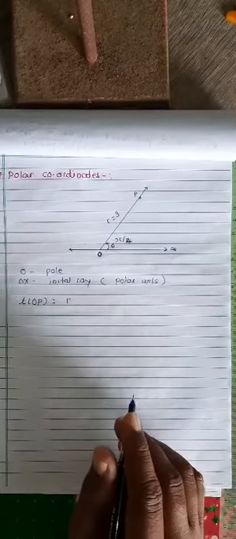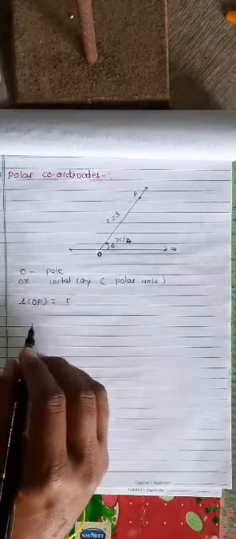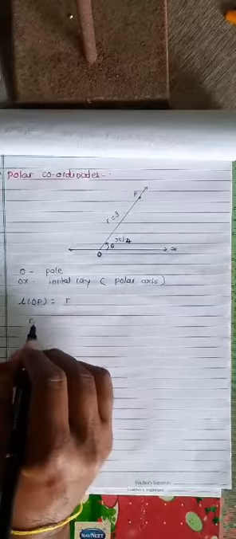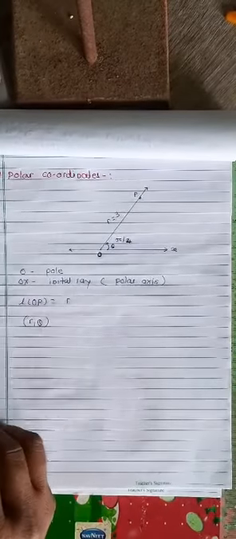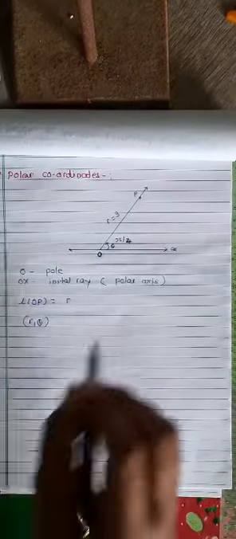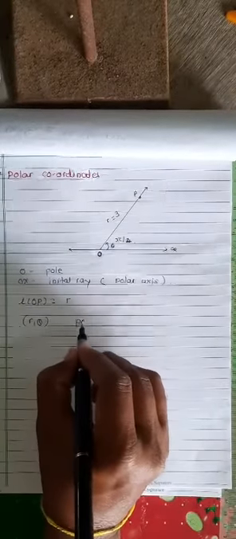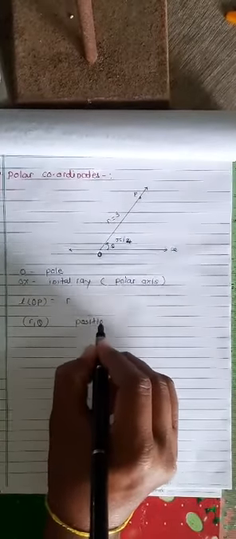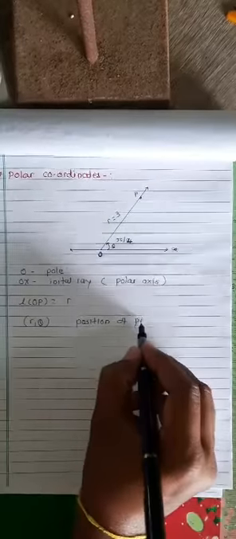Now see here, the coordinate pair is written as R and theta, and it determines the position of the point P within the plane.